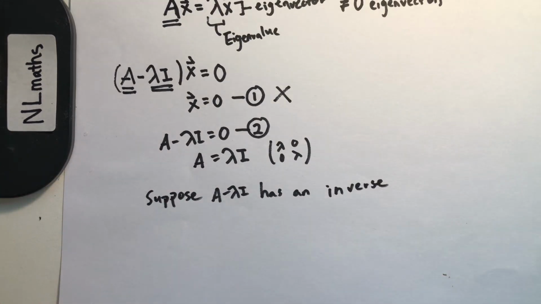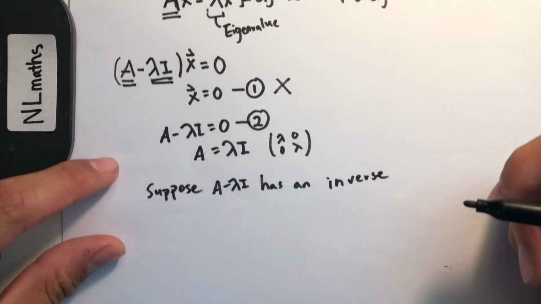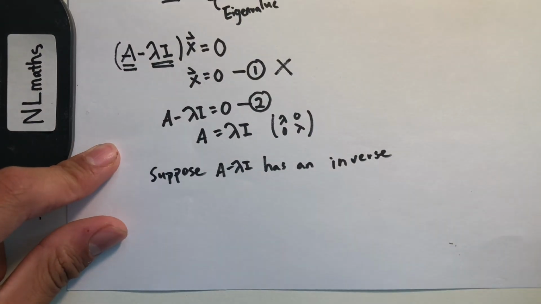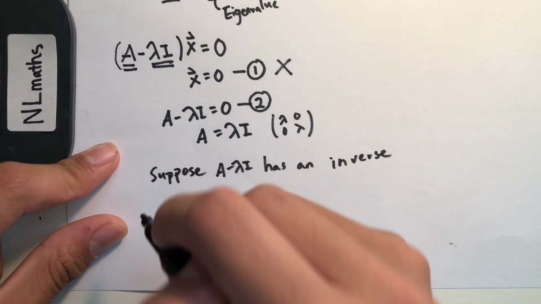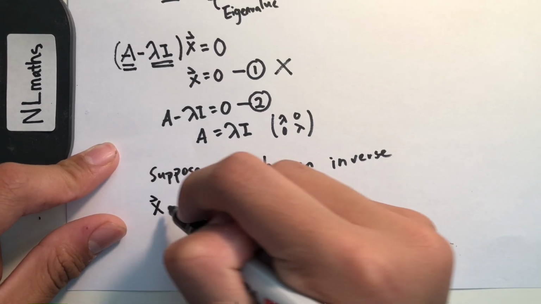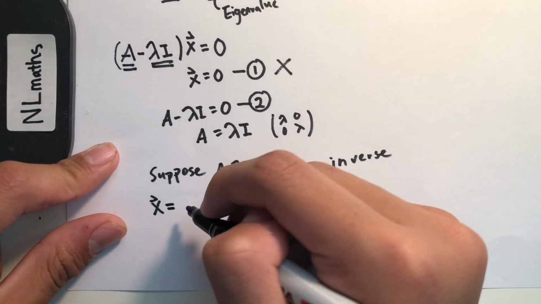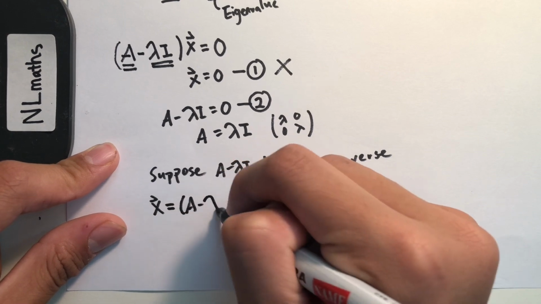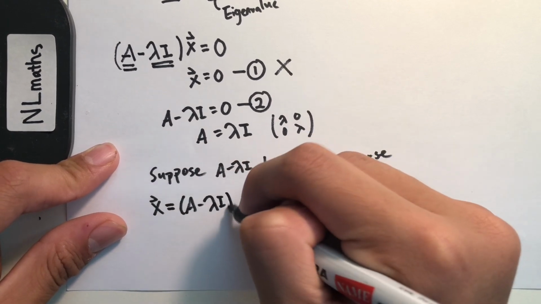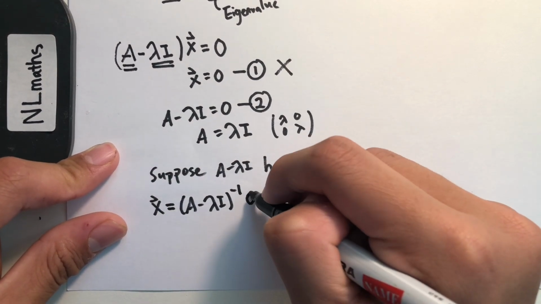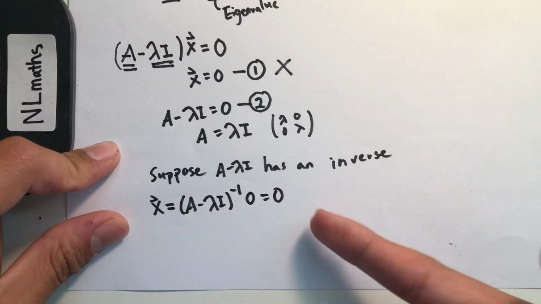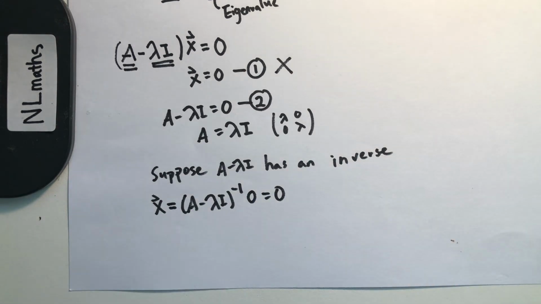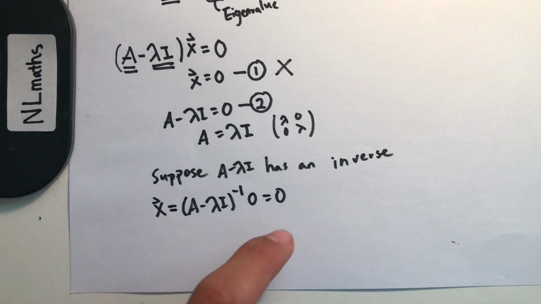Then, therefore, x should equal the inverse multiplied by the 0 vector. So x would therefore equal A minus lambda I inverse multiplied by 0. But this is because we need to get 0, don't we? And this, as mentioned before, doesn't work. We can't make x 0.